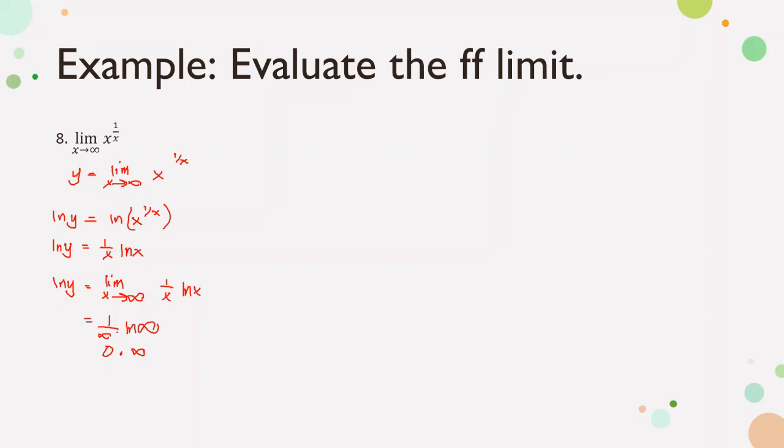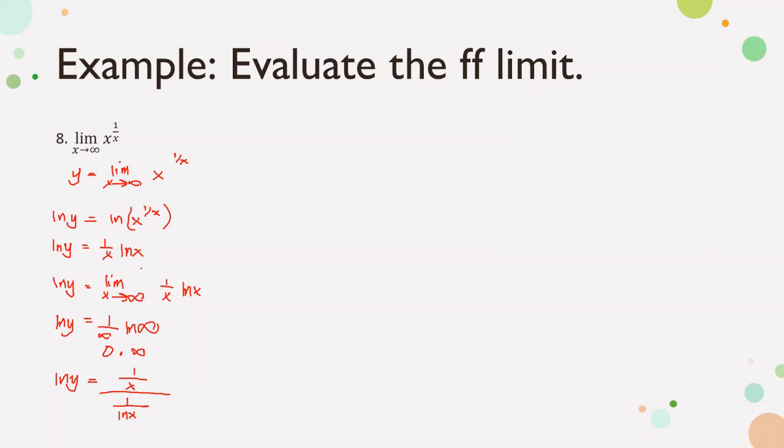So we have to change the right side also to f of x over 1 over g of x. Whichever term becomes 0 is our numerator. So 1 over x became 0, so that is our numerator, all over 1 over ln x.